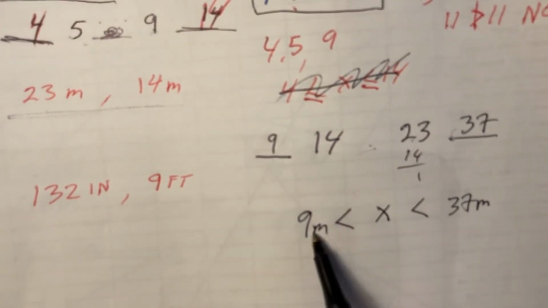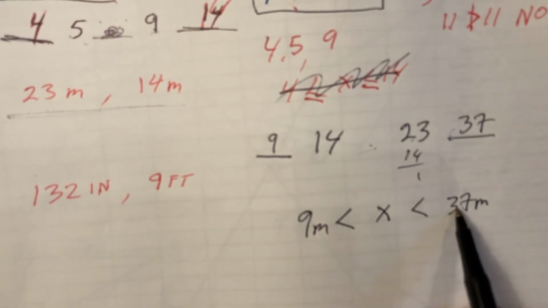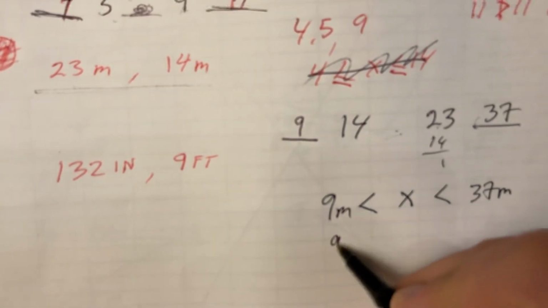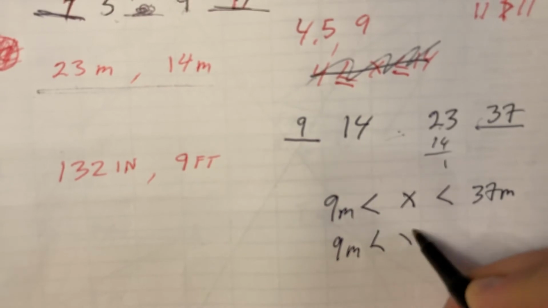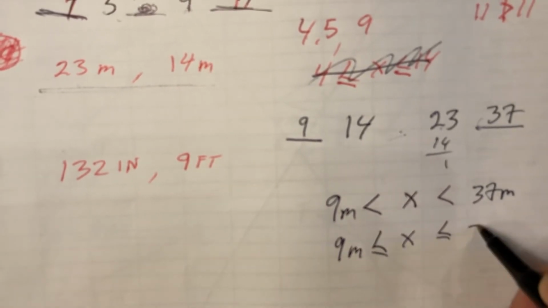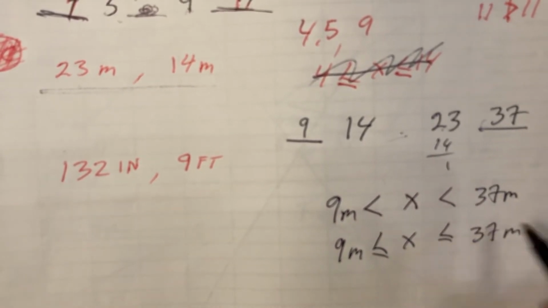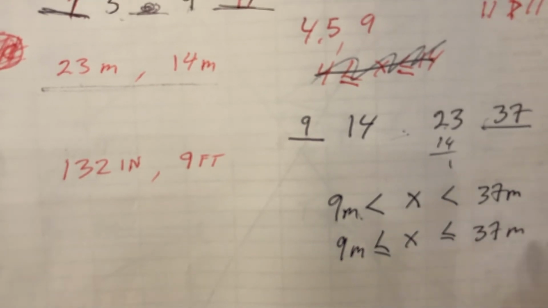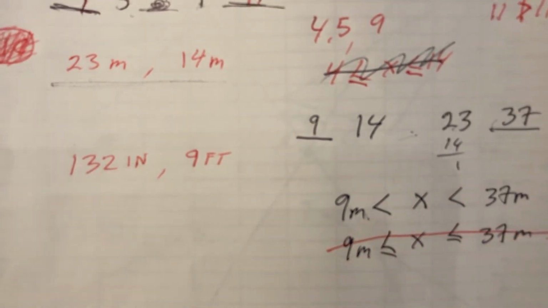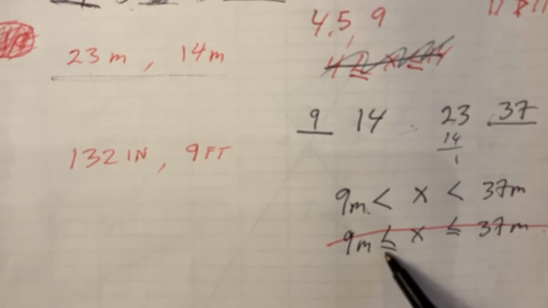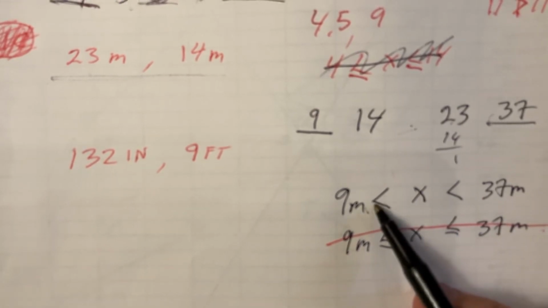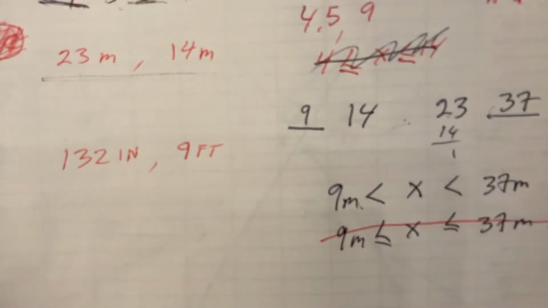So the third side has to be between here and here. Now, keep in mind, these two things are not the same thing. This is not correct. It's not less than or equal to. It's just less than. So be aware of that.